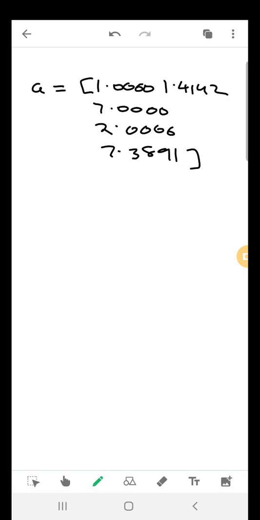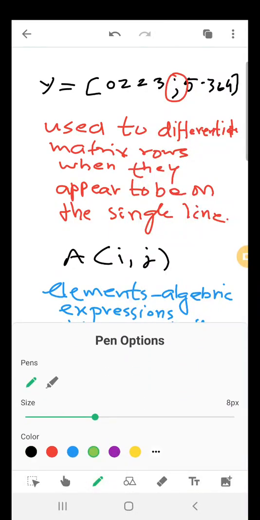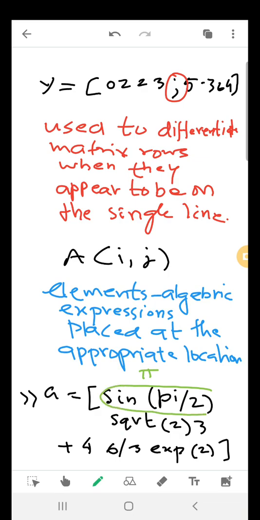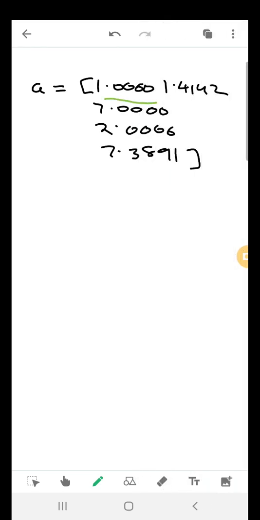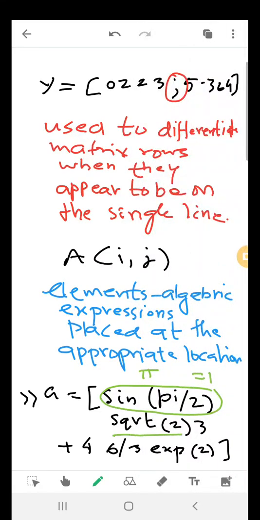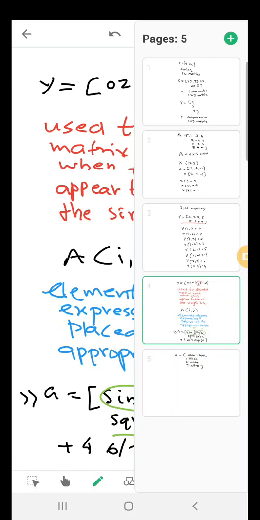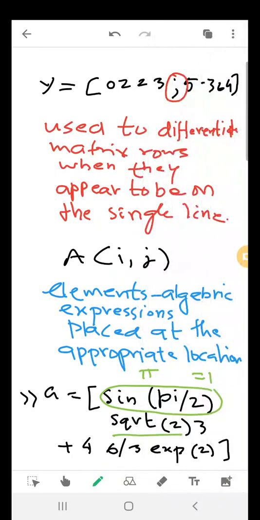So as you can see, the first one was sine pi by 2, so that gave it a value equal to 1. The second value was square root of 2, which is 1.414. The third expression was 3 plus 4, so that makes it 7.